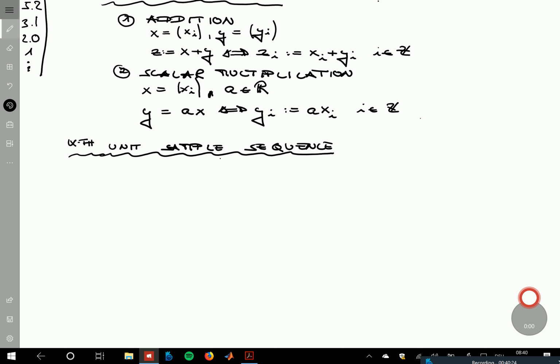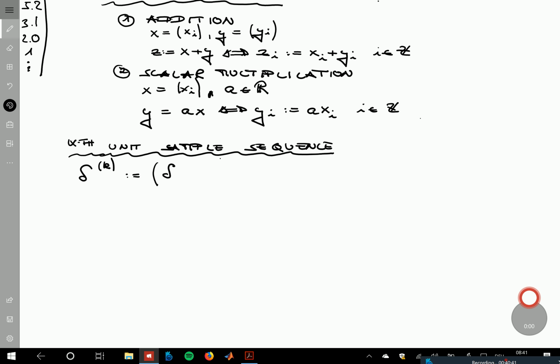So the kth unit sample sequence is denoted here by delta with a little superscript k, and is defined as follows.